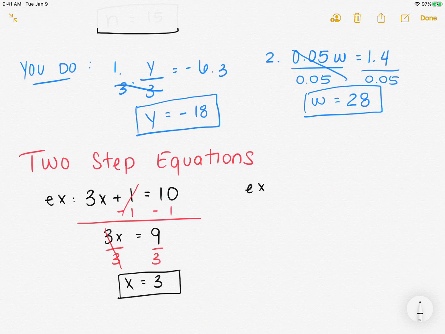What if I gave you something that looks like this? n divided by 5 minus 2 equals 3. So now same thing. I want to get rid of the thing that's farther away from the n first.